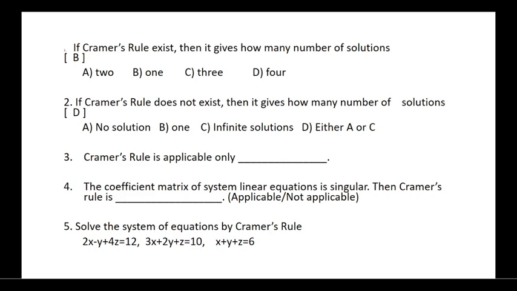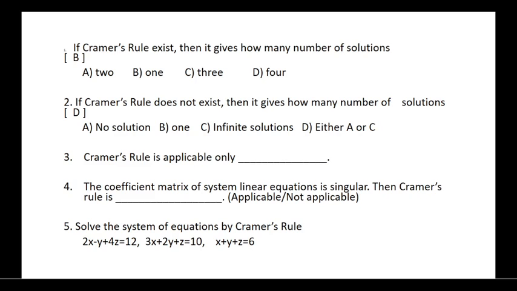What is delta? Delta is the determinant of the coefficient matrix. Delta 1 is also a determinant. While finding the determinant, in the matrix A, the first column is replaced by right hand side constants, that means the B constant matrix elements.